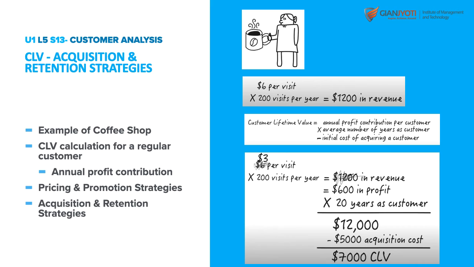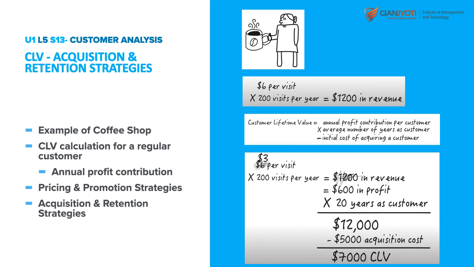And this customer you feel will be coming to you for the next 20 years. Maybe he is in late 50s, and for the next 20 years he'll keep coming. He's a loyal customer. So the total lifetime value, this contribution of this customer, is 12,000.